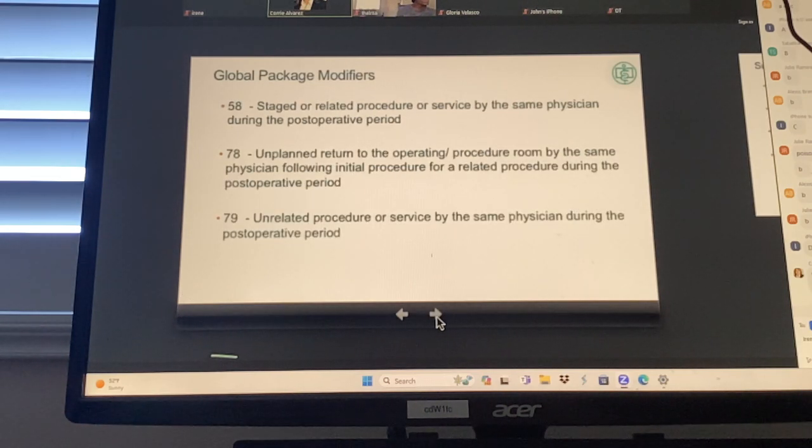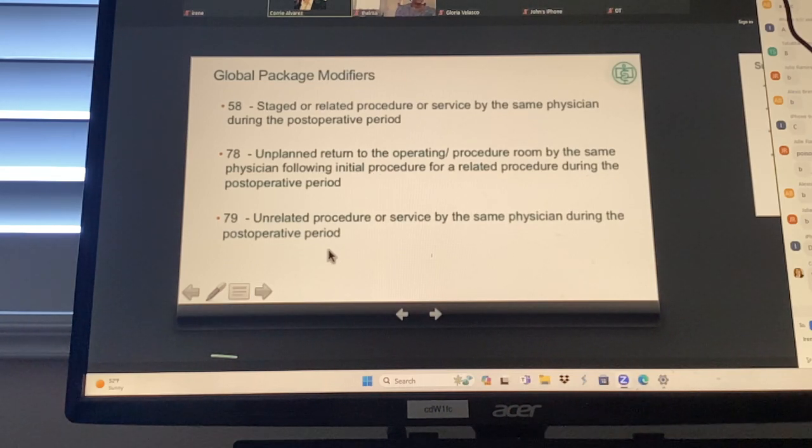And so these are other things: 58, staged, you plan to do a second procedure; 78, return to the OR unplanned; or 79, you return unrelated. So unplanned, meaning that you had a D&C and now you're hemorrhaging and you have to go back.